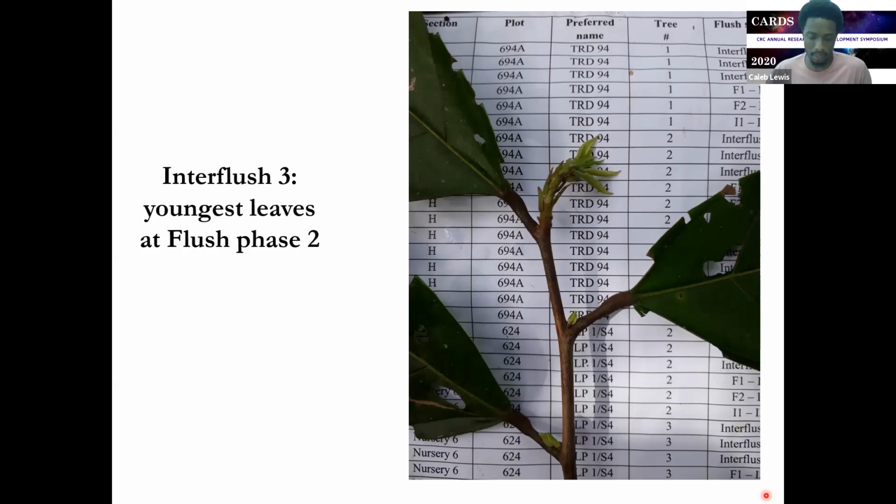So I sampled interflush 1, interflush 2, and interflush 3, but I also looked at leaves at the interflush 3 stage that were a bit older than when they have just matured. So the interflush 3 stage at flush phase 1 would be more mature than the interflush 3 stage, and the interflush 3 stage at flush phase 2 would be more mature than the previous 2 stages.